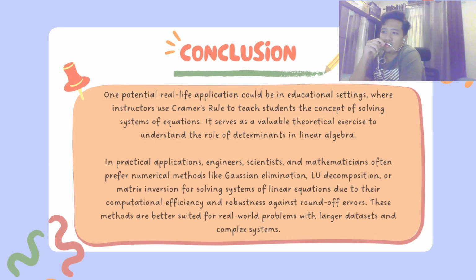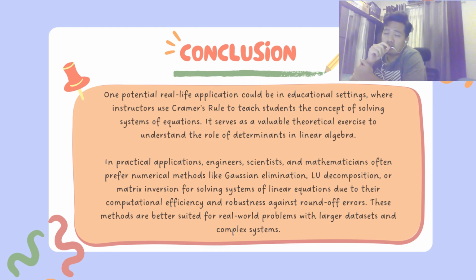So it looks like we have come to the conclusion of the application of determinant. The conclusion for our presentation. One potential real life application could be in educational settings. What does that mean?